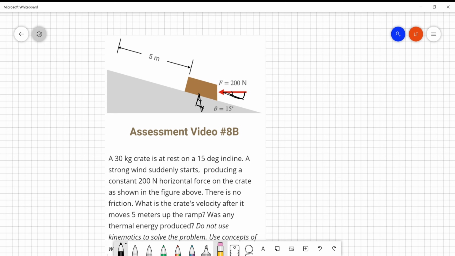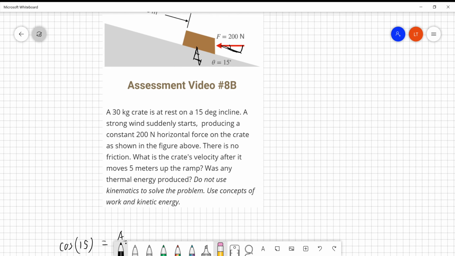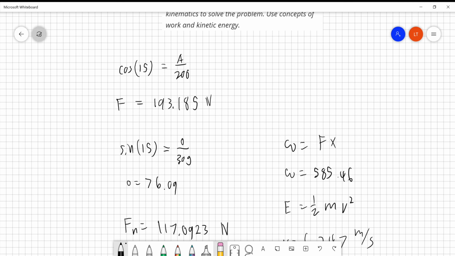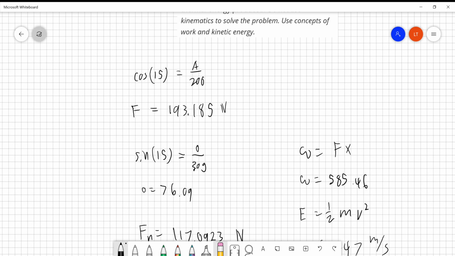And we can see that the opposite one over here is pushing against the force of the wind because it's pushing down the ramp. So we do more trig. This time we use sine, and sine of 15 is equal to opposite over hypotenuse. Put that into your calculator and you get the opposing force of 76.09.